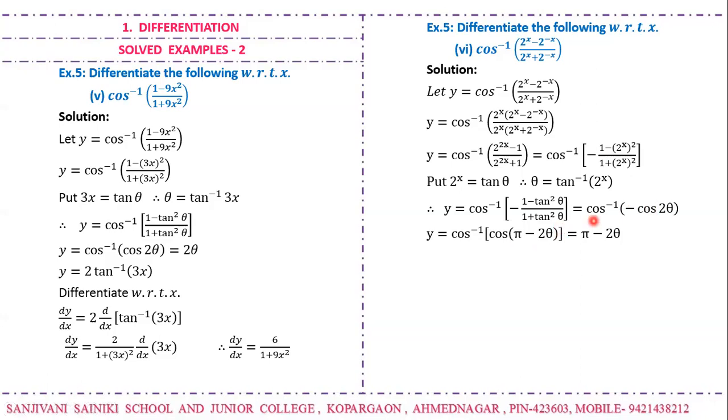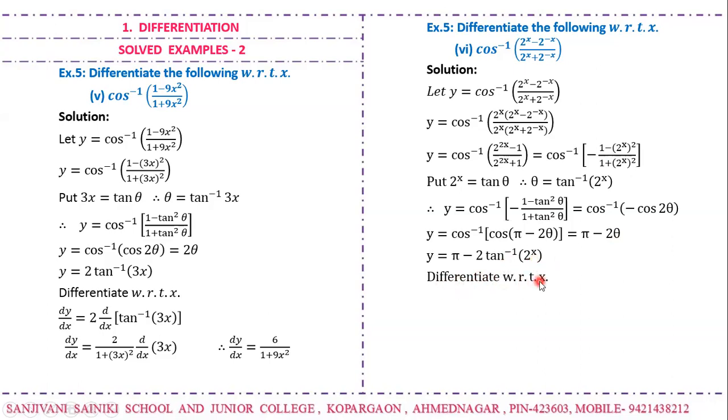So we are not changing anything here. We are just taking care of this minus sign, and using the property of cos inverse of cos theta is equal to theta, we get pi minus 2 theta.